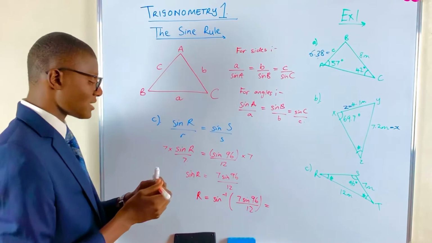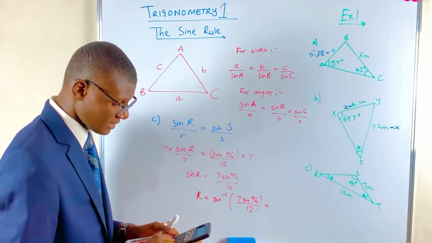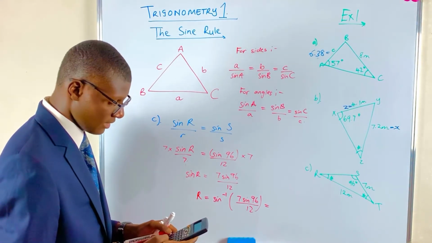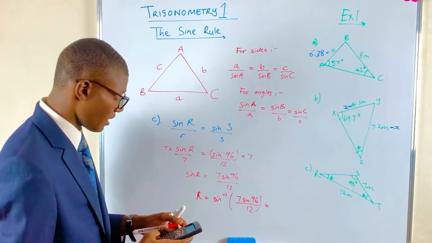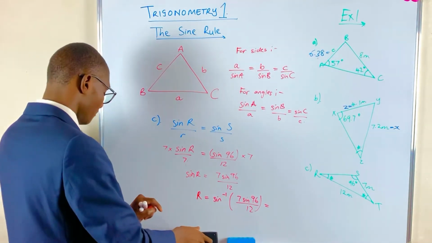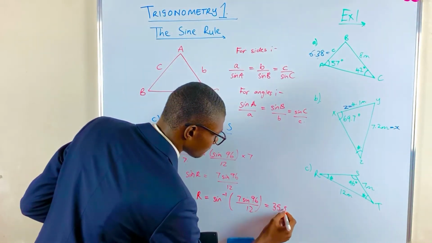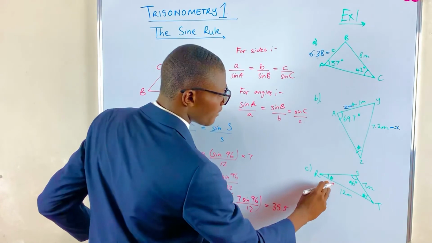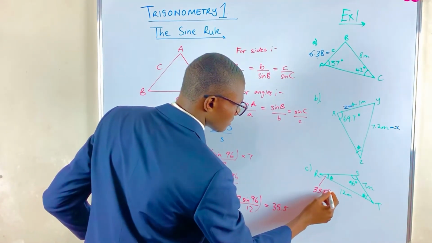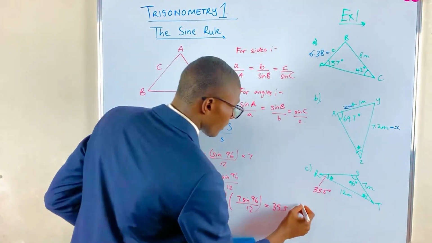Then we punch that in the calculator: 7 sine 96 divided by 12, then arcsine of that will give us 35.5. So we get 35.5 is this angle R. Let me label this 35.5 degrees.